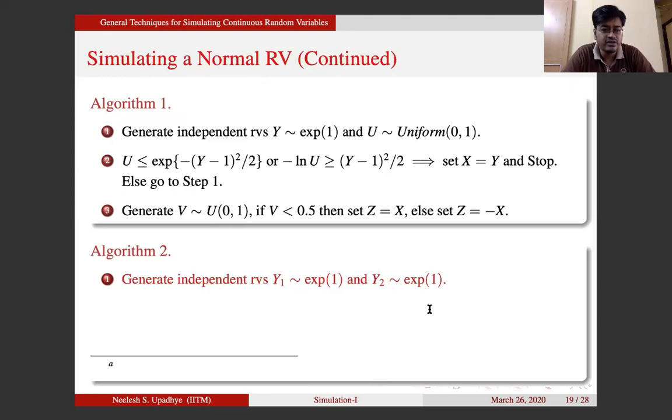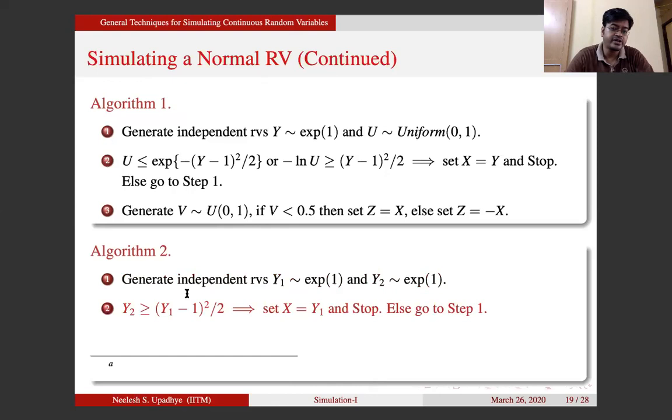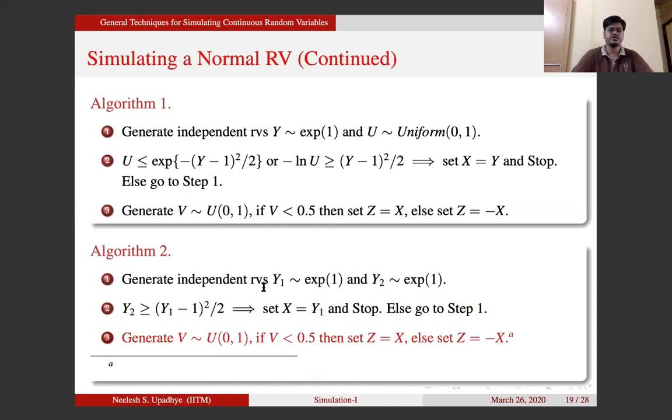Once you have taken this log transform, the condition is very simple. The condition is Y2 greater than or equal to (Y1 minus 1) square by 2, which is this condition transformed. And otherwise you go to step 1. The third step remains the same because there is no change. With probability half, you will assign a positive value, with probability half, a negative value. Therefore, you have this particular setup.